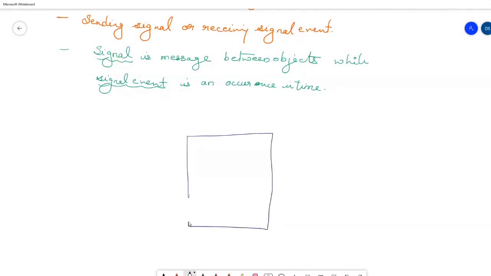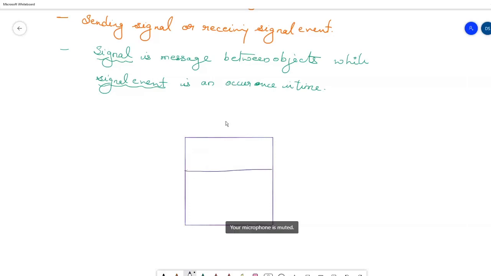Suppose we have a class and the class name on the top, as we know. We have given the name of this class as flight departure. In this class we'll have the details about the flight departure.